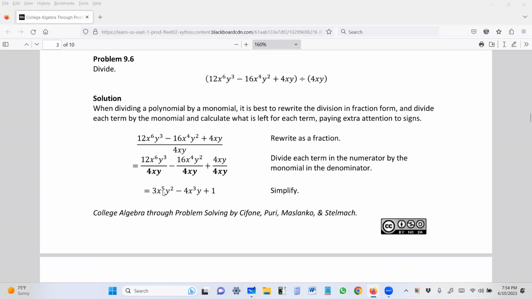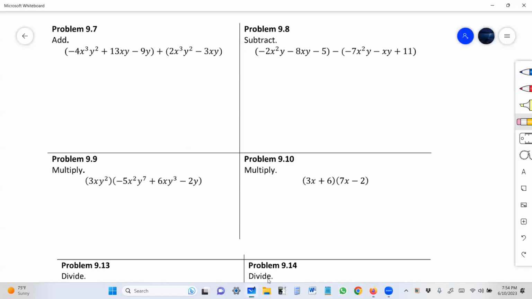This is, again, properties of exponents, right? 6 minus 1. And y cubed divided by y, which is y squared. And similarly with the other terms. Okay, so this is just a brief introduction. I'm going to do 3 problems for you to see, and then we're going to go over into the next topic.